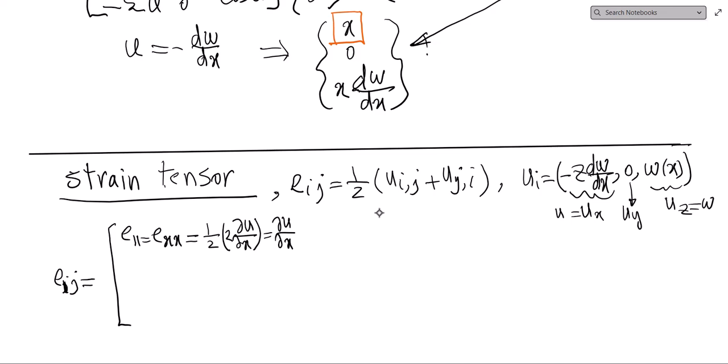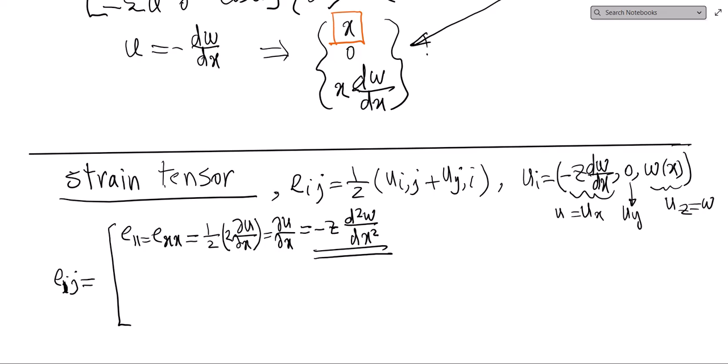Yeah, I have to differentiate the x component of the displacement with reference to x. So z comes out as a constant, and this becomes d²w/dx².